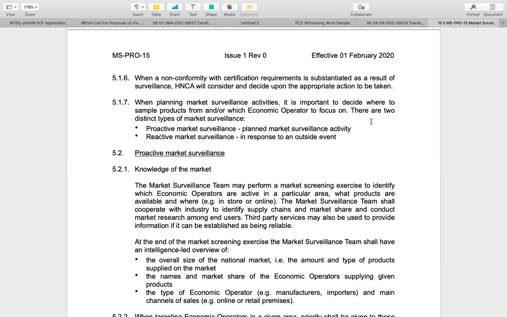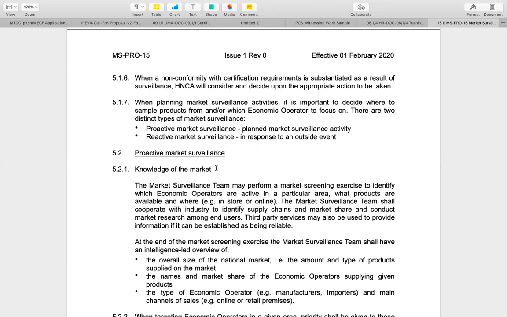Proactive means this is a planned market surveillance activity, but reactive is in response to an outside event or other requirements. It is not planned, so for example a lot of customer complaints. The plan could be that we already have in our one-year schedule a scheduled market surveillance.